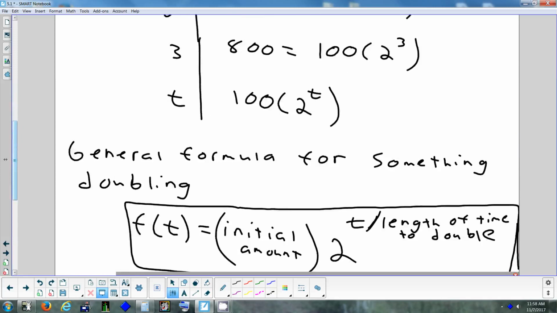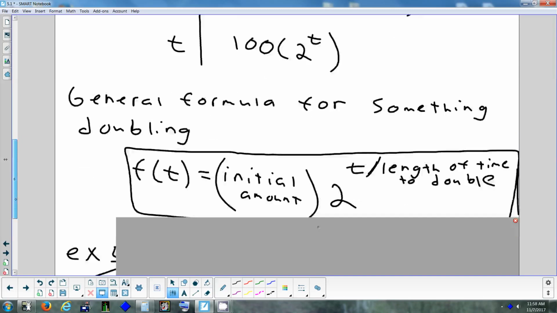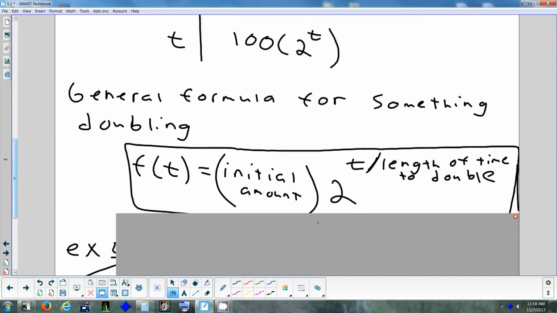Now, I put t divided by the length of time to double because let's say you had something double every 3 days. Okay, whatever you have doubles every 3 days. After 3 days, how many times will it have doubled? Once. Only once. So the length of time to double is 3. I said after 3 days, 3 divided by 3 is a 1.